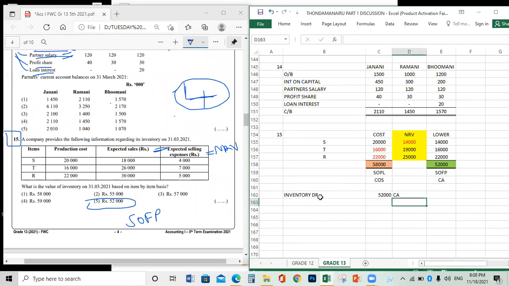Okay. And then, guys, you will again debit your inventory written off. Inventory written off is an expense. You will debit, guys, that's going to be 6,000.